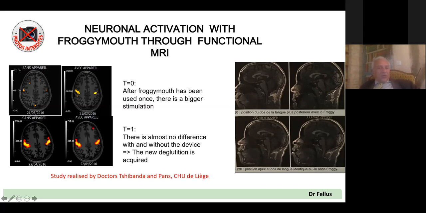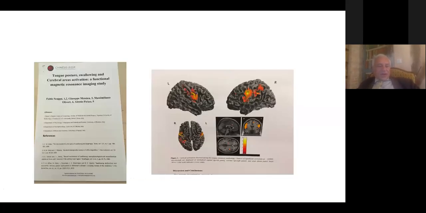And he put the Froggymouth, and you can see immediately you have an activation of this new area. And what is rather important is 1 month later, without the appliance and with the appliance, you have the same stimulation. So the reeducation is done, and you don't need anymore to wear the appliance.